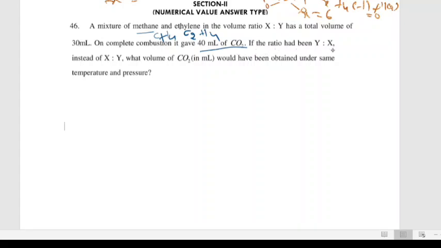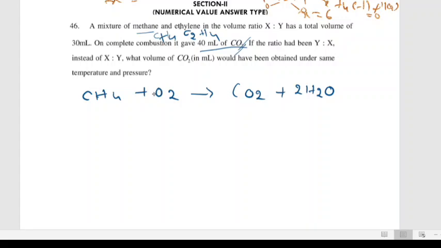If the ratio had been Y is to X instead of X is to Y, then what is the volume of CO2 that would have been obtained under the same temperature and pressure? First, till here, let us do the calculations. So, CH4 undergoes combustion readily, giving CO2 plus 2H2O, right?